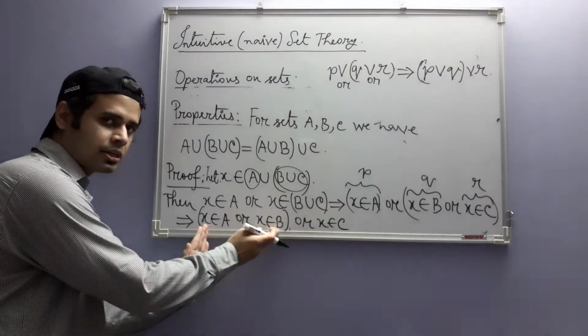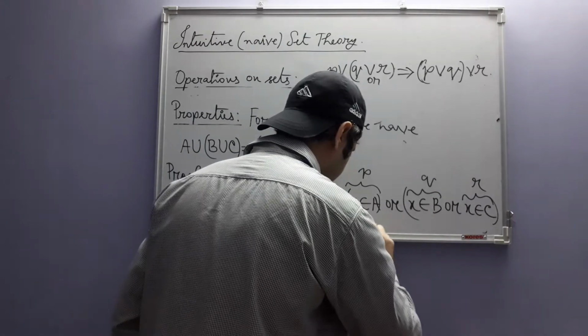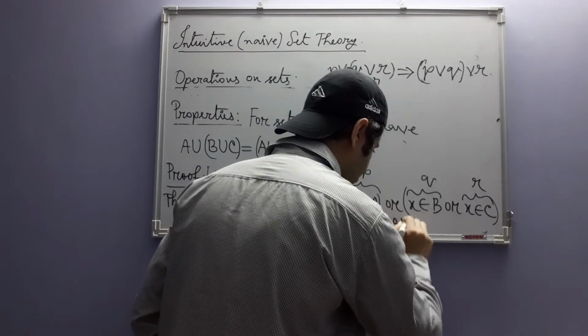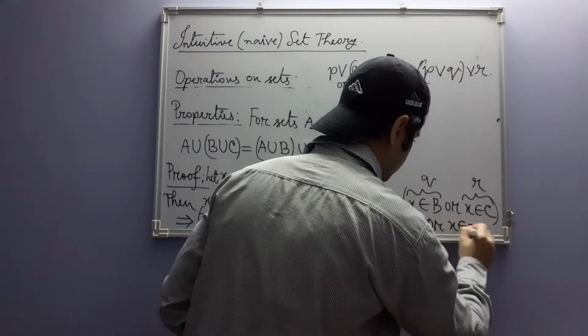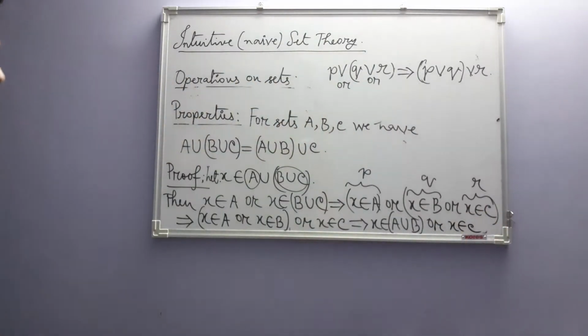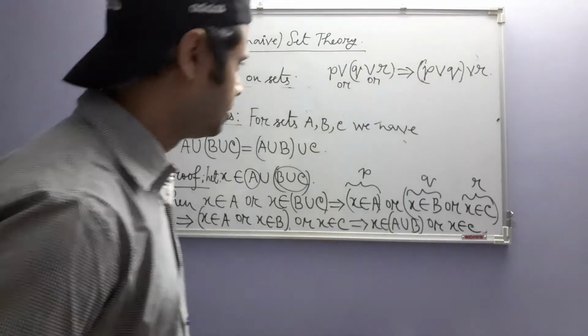Now this part, what does it tell you? This tells you that x belongs to A union B, with that we have x belongs to C along with OR. Okay.